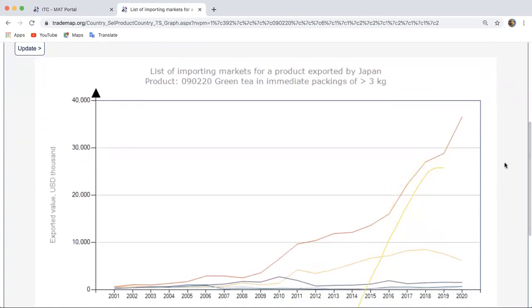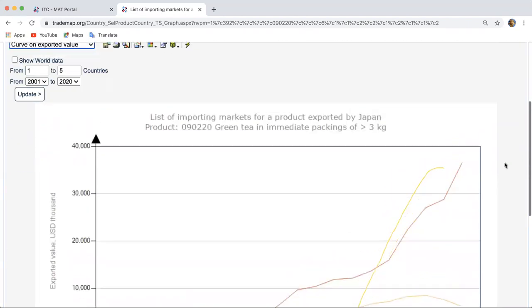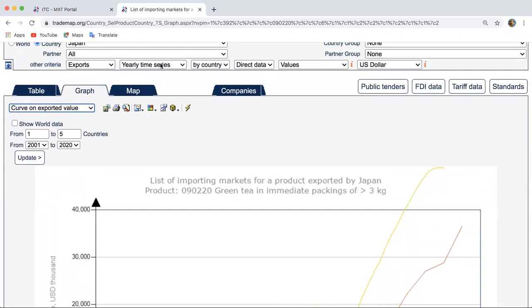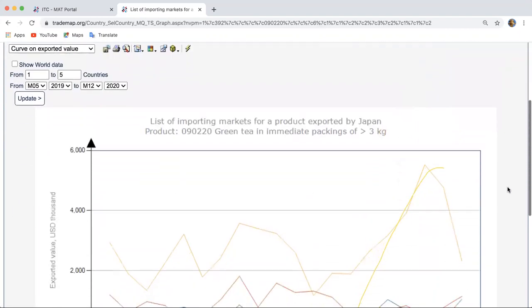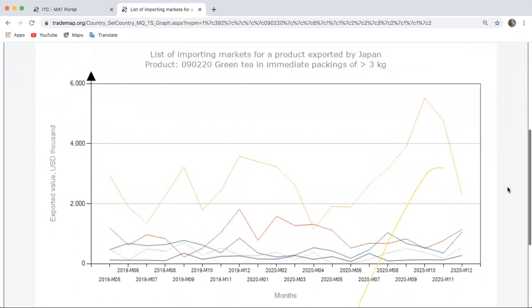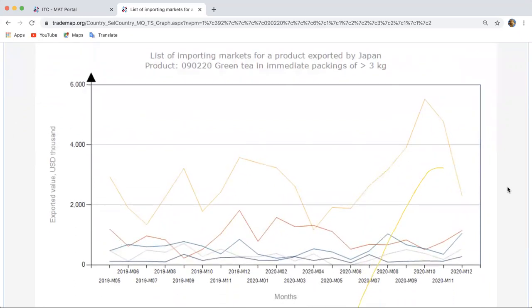Now we're here at the graphs side anyway. I want to also show you the monthly time series, because monthly time series can actually show you if there are specific months that are more important for this product. Like this product is exported more in a specific month, maybe with harvest season. Toys are exported more in holiday seasons.